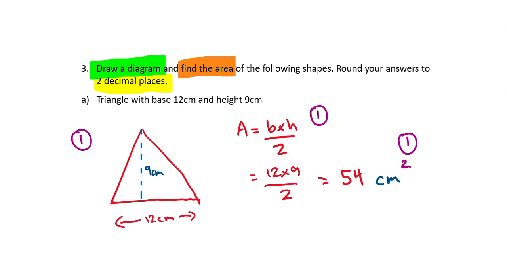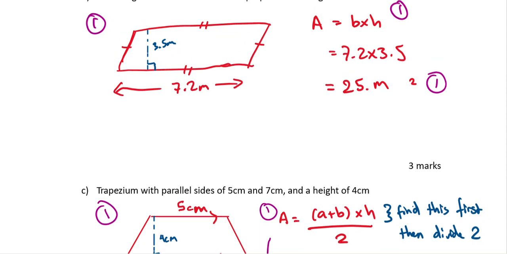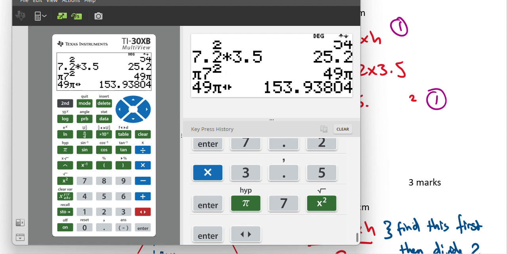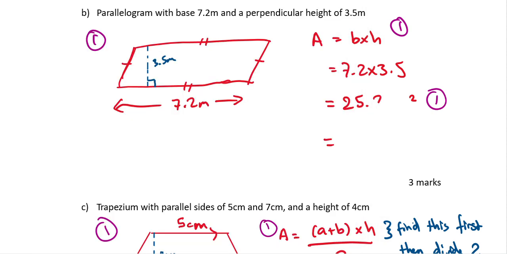Now let's just refer back to our question here. The question is asking us to round our answers to 2 decimal places. So as you can see, what I did here was wrong. It was a full number. So just write it as 54.00 centimeters squared. Okay. Over here, I'm gonna write, oh, this is wrong. 25.20.